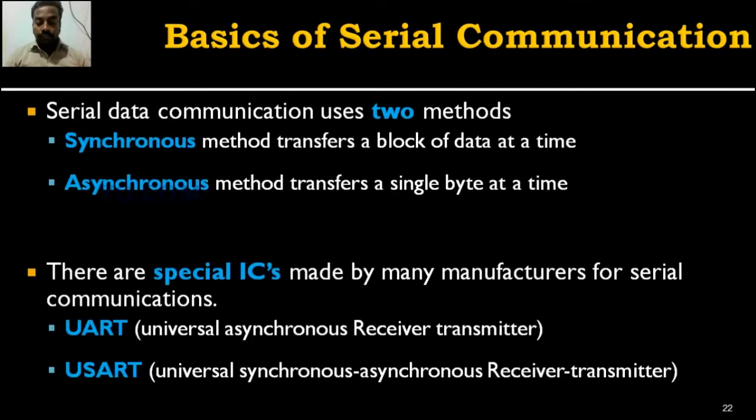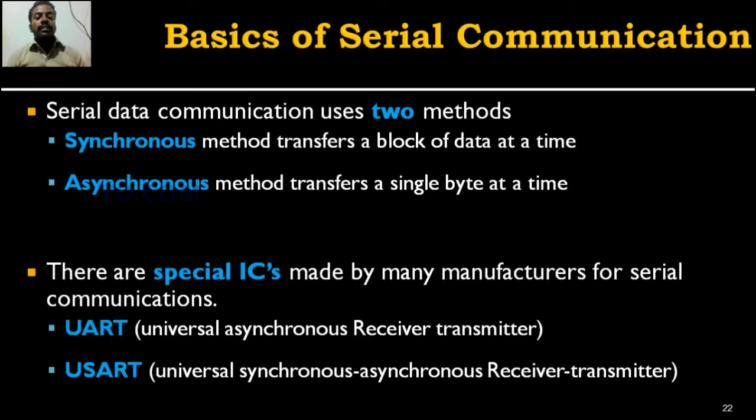Serial data communication uses two methods: synchronous and asynchronous. Synchronous means transferring a block of data at a time, where the transmitter and receiver operate at the same frequency. Asynchronous means transferring a single byte at a time, where the transmitter and receiver frequencies are different.